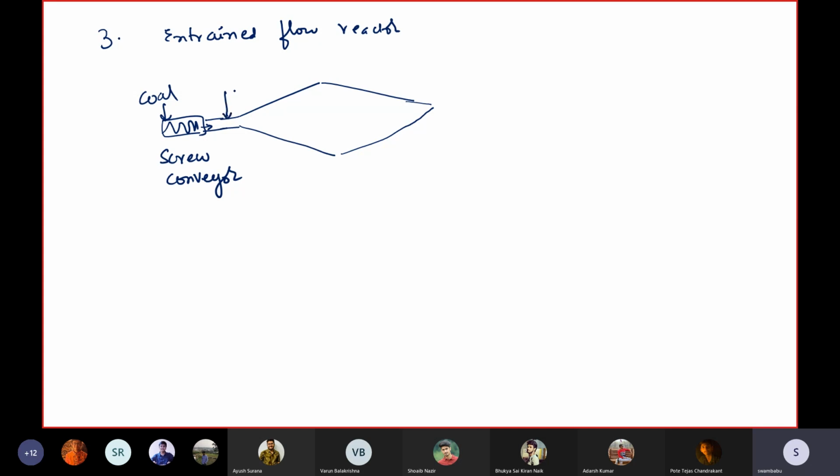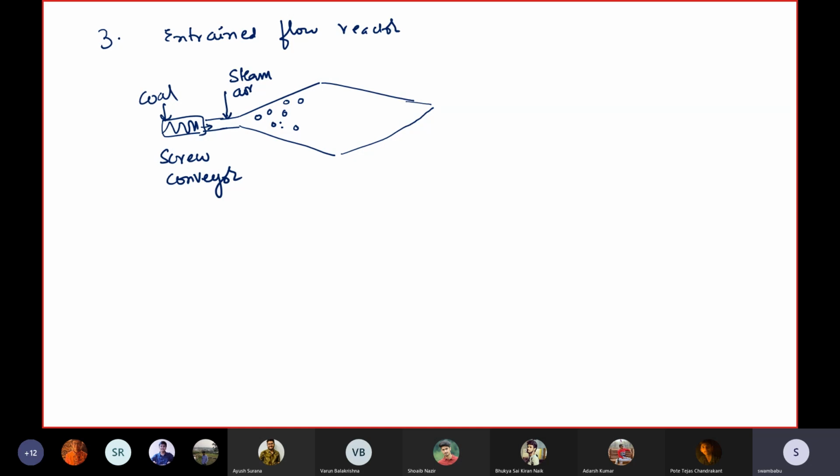So the particles come here, and steam and air are introduced, and these particles are fluidized. With the help of the steam and air, as the particles are fluidized, the gasification will take place.